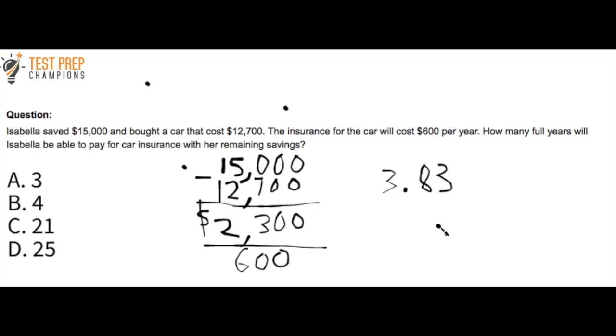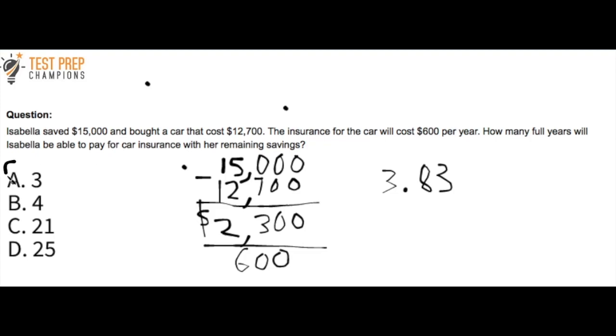You might have been thinking, well, 3.83, that rounds up to 4. It's correct that that does round up to 4, so I like the thought process, but you also have to consider that if she can only afford 3.83 years, she can't quite afford 4 full years.